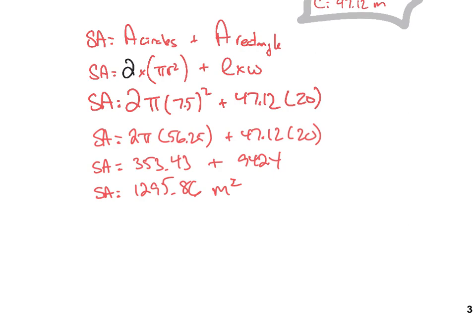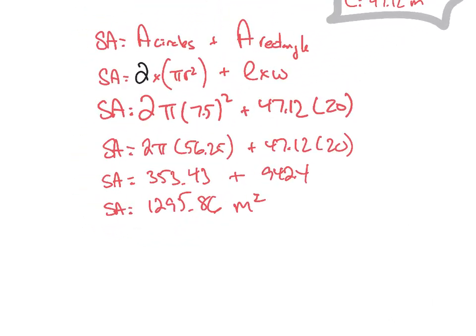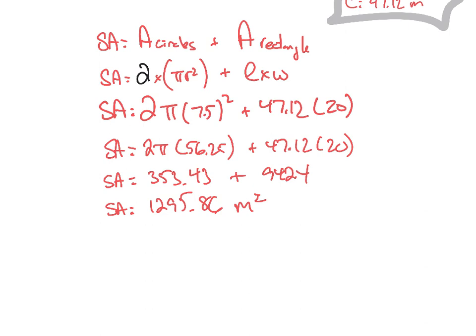And that's how you do surface area when we don't have formulas. It's 942.4. And then is that what you're asking about? Good. And then the answer is 1,295.86 meters squared. So that is how you find surface area without formulas.